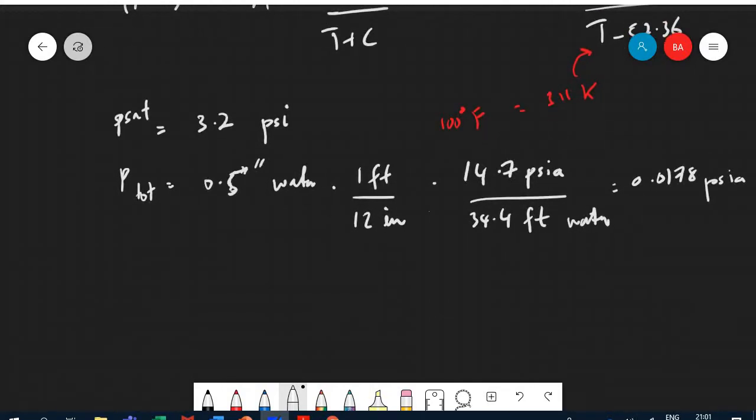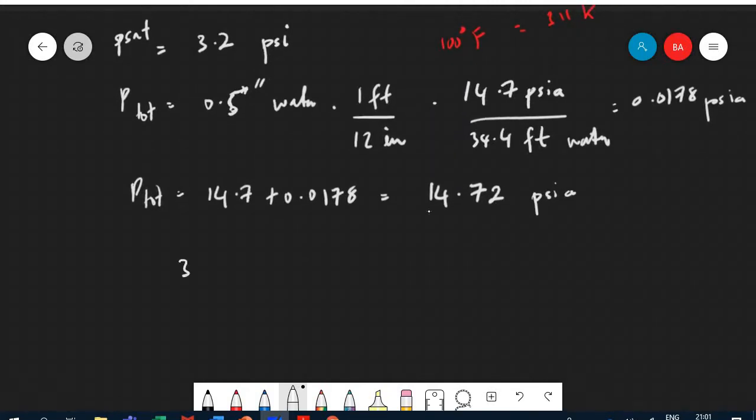So the total pressure is not only 0.0178 psi. Actually, I said absolute, but I need to add this to 14.7. So the total pressure is equal to 14.7 plus 0.0178, which is 14.7178, about 14.72 psi absolute.